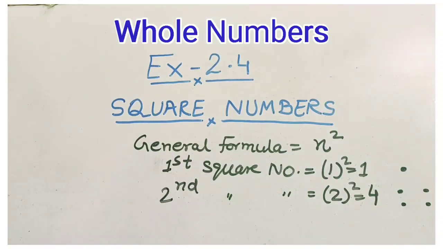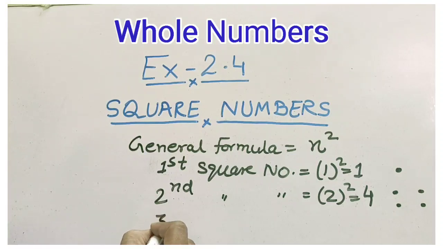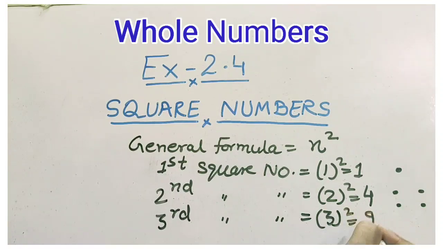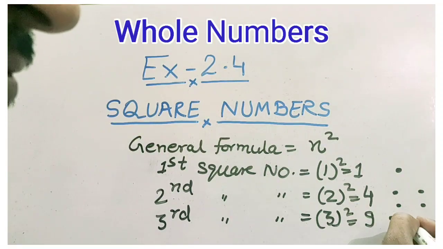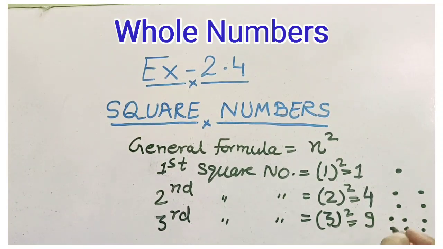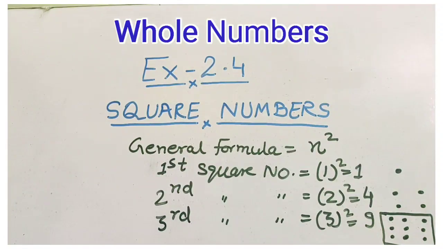Overall 4 dots. So it looks like a square. Got it? Clear? Okay. The third square number will be 3 square, that is 9. The pictorial representation will be 3 rows of 3 dots. And we can see by these dots a square is building.